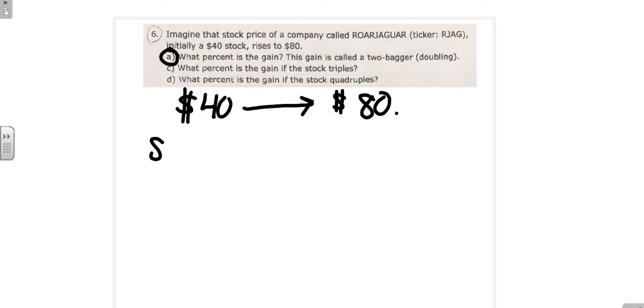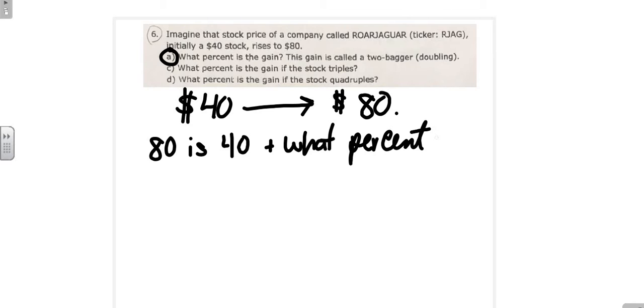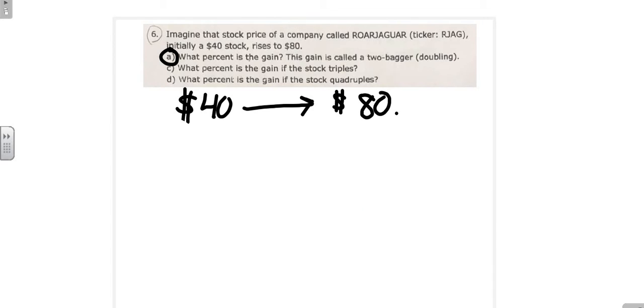So $80 is $40 plus what percent gained? And since right here it basically doubled, okay, it says what is the percent gain? It's going to be 100%.